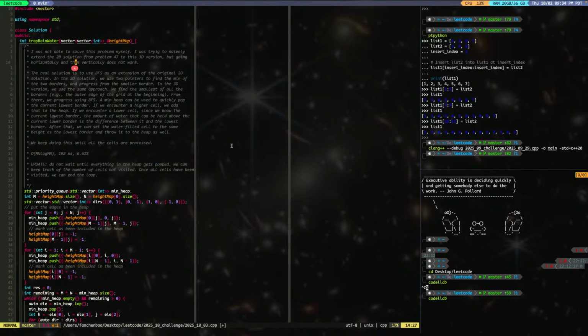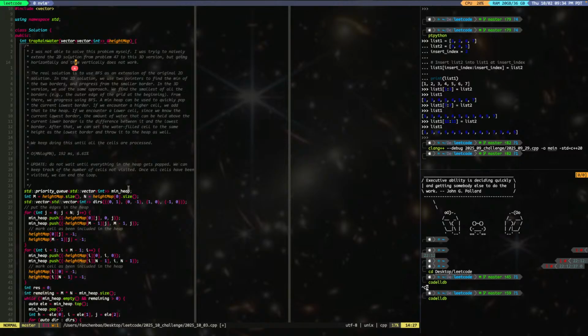Why do you push it in? I don't think you should push it in, right? You don't need to push it in. You just don't pop the previous one. But you're doing BFS, so you will have to. Yeah, when the lowest one comes in and then your lowest one gets popped.